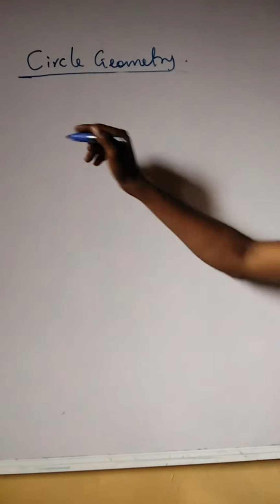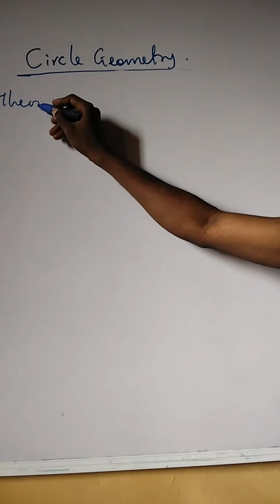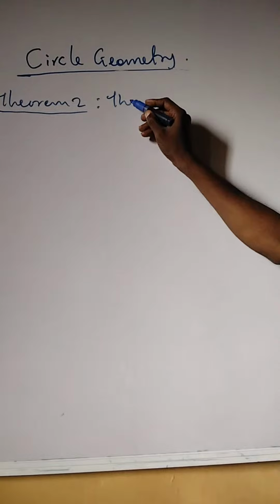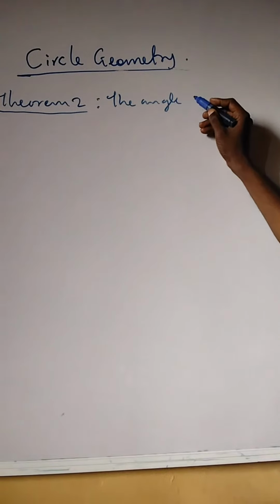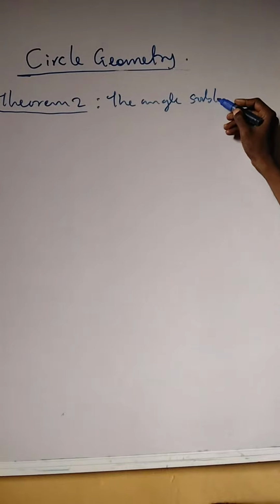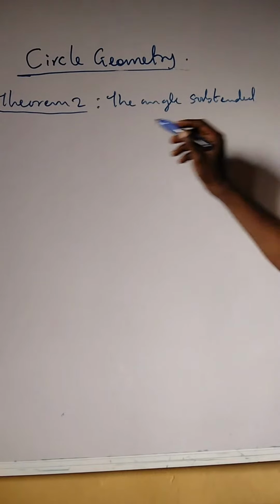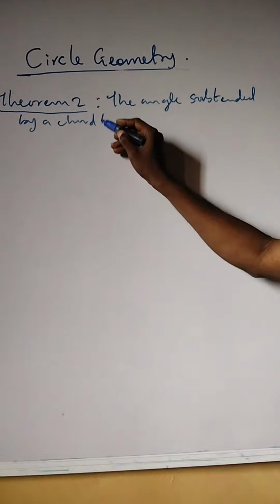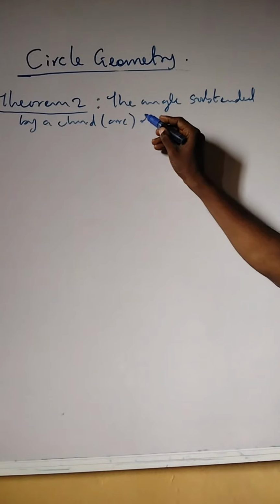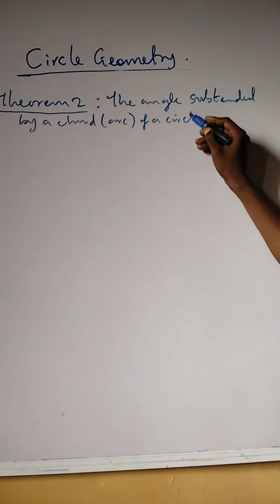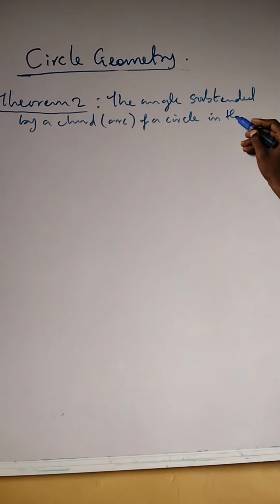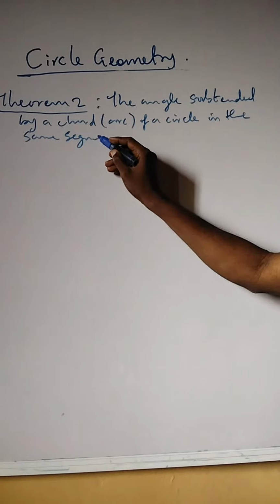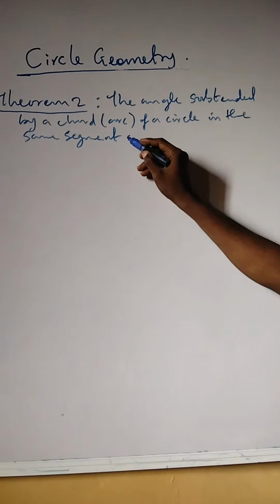So let's label this as theorem 2 here. We have the angle subtended by a chord or an arc of a circle in the same segments are equal.